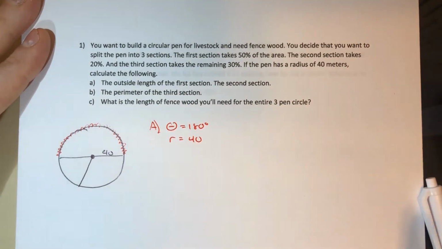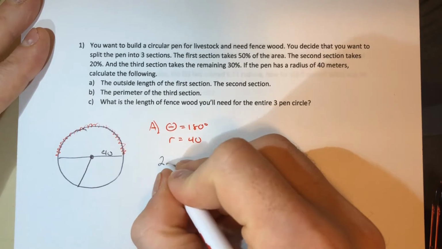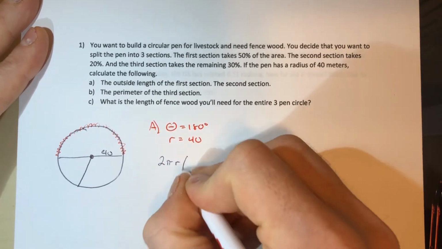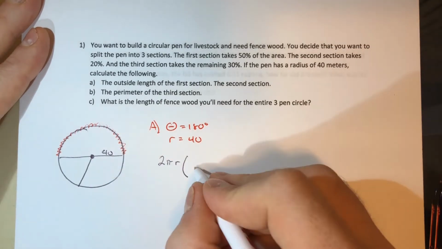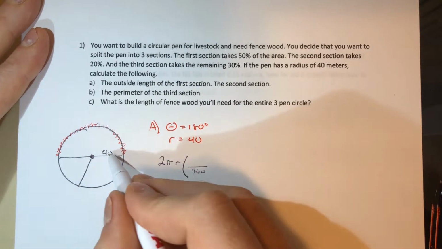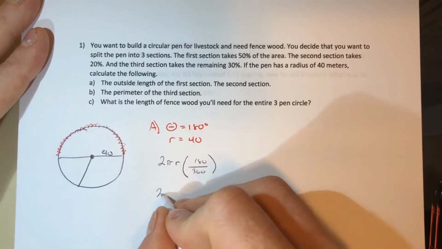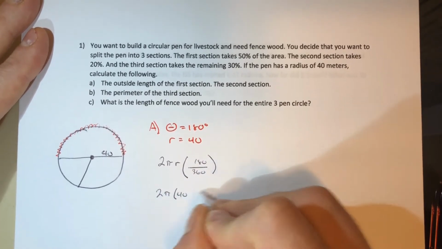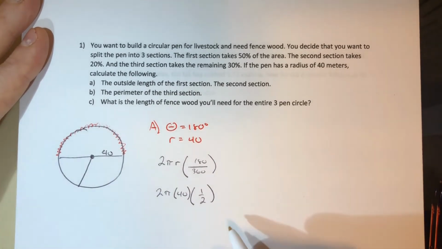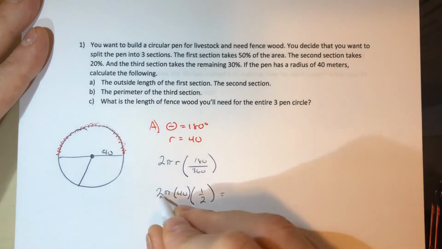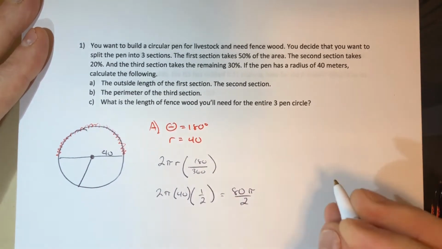So I'm going to plug that information into what we've been working on. I know that a full circle is 2 pi r times whatever fraction of the circle we're looking at. So out of 360 degrees, I'm only dealing with 180. If I plug in my information, 2 pi times 40, I'm dealing with 1/2 of that regular circle, which means as I work my way across, 2 pi times 40 is 80 pi divided by 2.